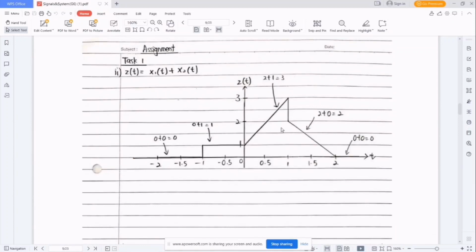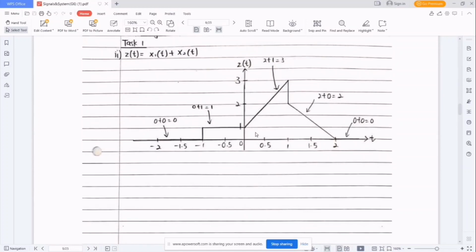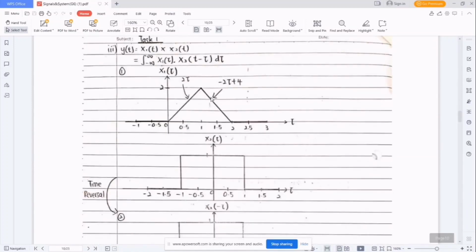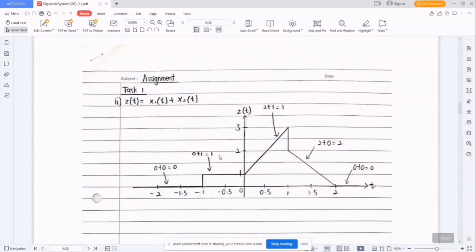From 0 to 1 is 2 plus 1 equal to 3. Here is 2 and here is 1. So 2 plus 1, the waveform will go up until 3. So we reach here.